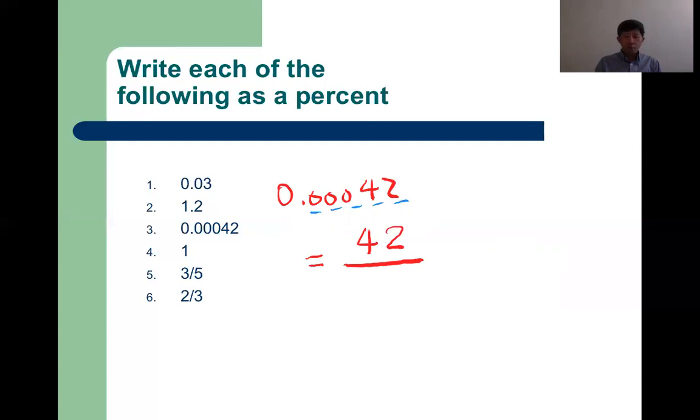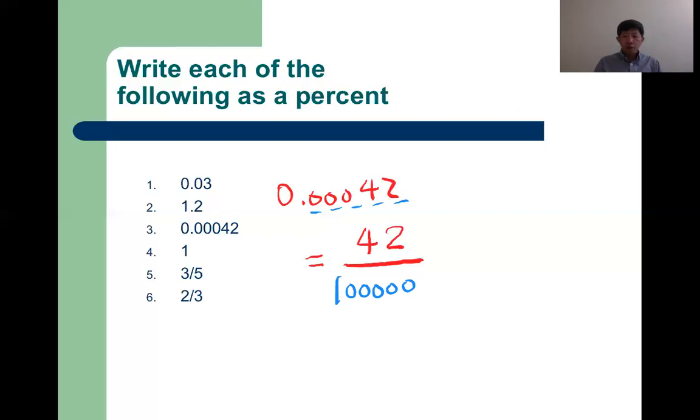So we put 0, 0, and so on, counting 1, 2, 3, 4, 5, right?